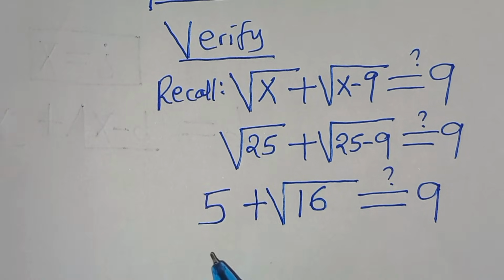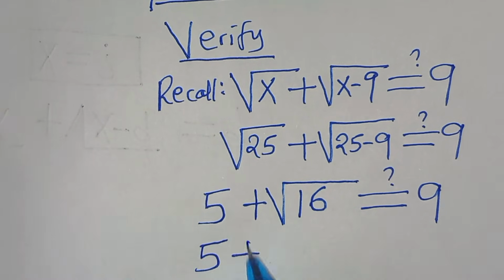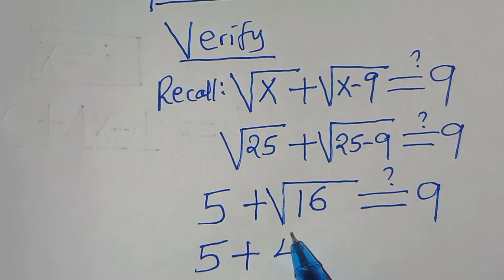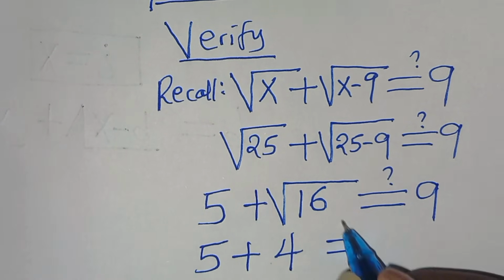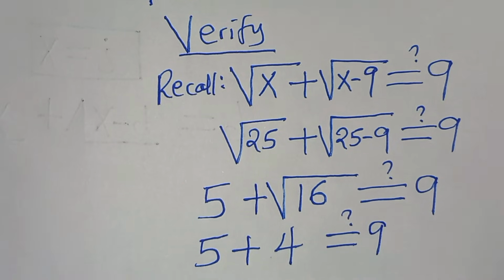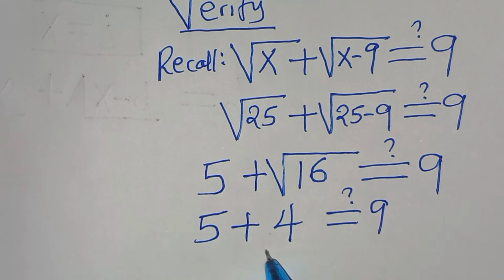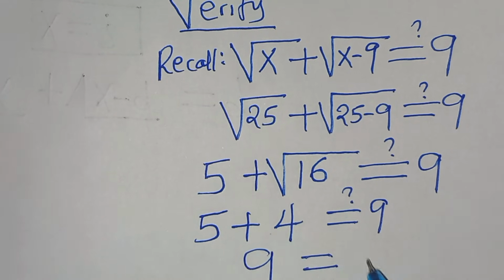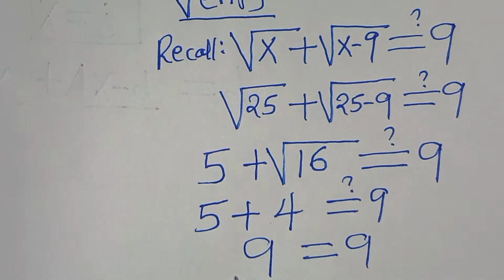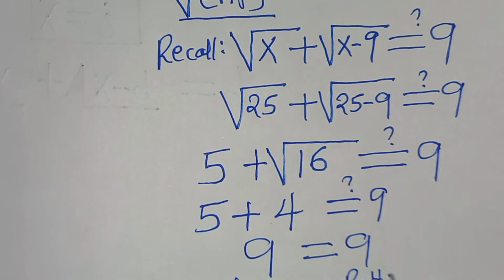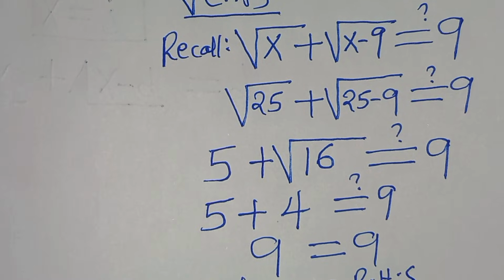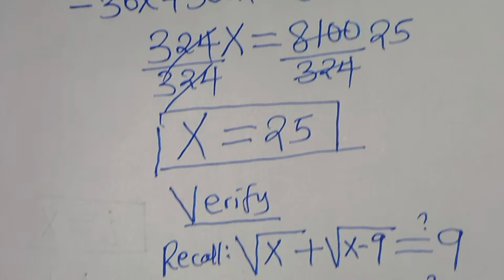So we have 5 plus the square root of 16, which is 4. Therefore 5 plus 4 is 9, which is equal to 9. So the left hand side is equal to the right hand side, and this proves that the value of x, which is 25, satisfies the equation.